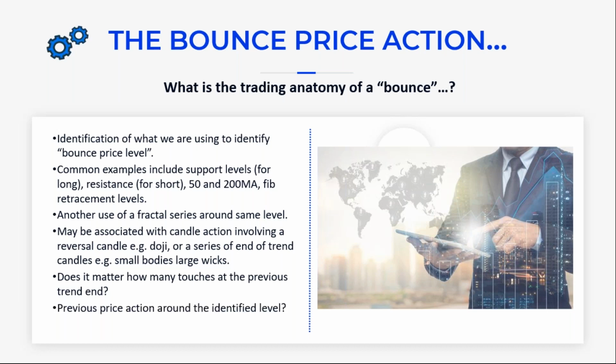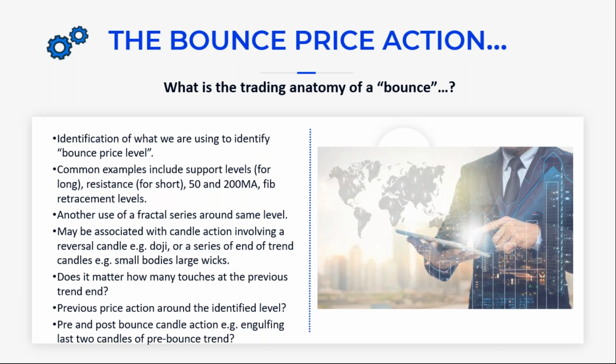Then no, it doesn't really. And previous price action around the identified level. So if there's been a previous bounce off that level, that's obviously going to substantiate it. And then we're looking for pre and post bounce candle action, so possibly engulfing the last candle or the last 2 candles, depending on where you're going to plant your flag of your pre-bounce trend.